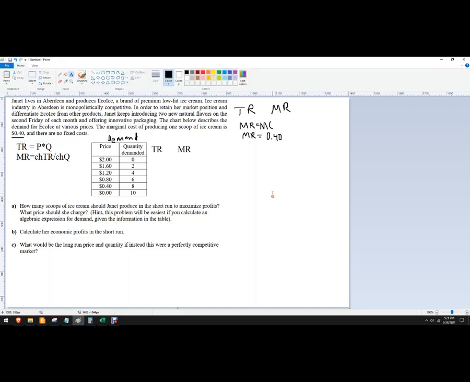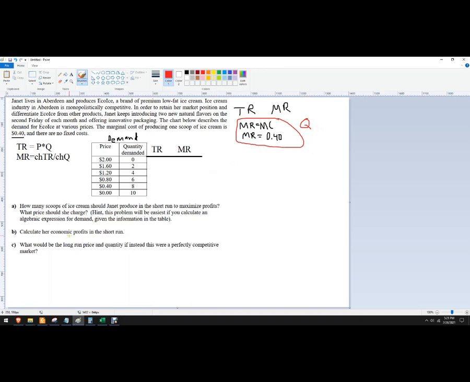In this case, we're increasing quantity by 2, so we're going to divide by 2. Here we'll quickly calculate these, because the problem we're trying to figure out is how many scoops of ice cream she should produce in the short run to maximize profits. Really that's just a different way of asking: what is the quantity to get us there?